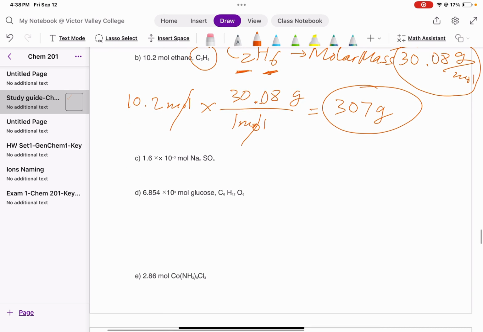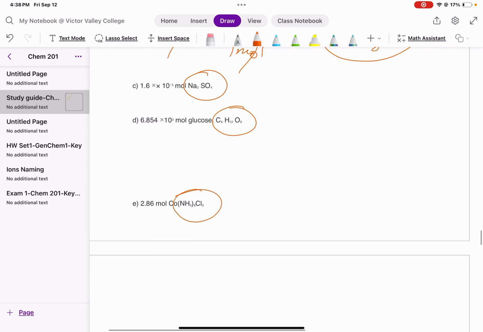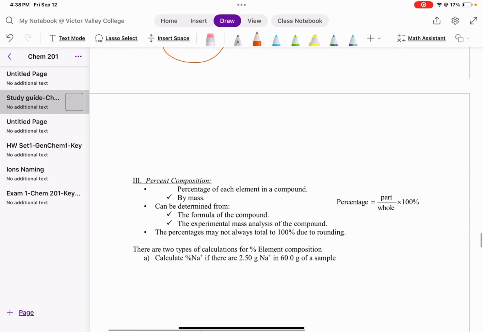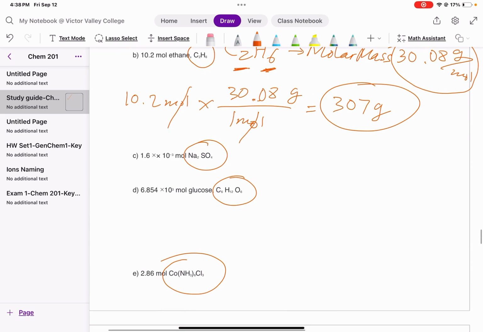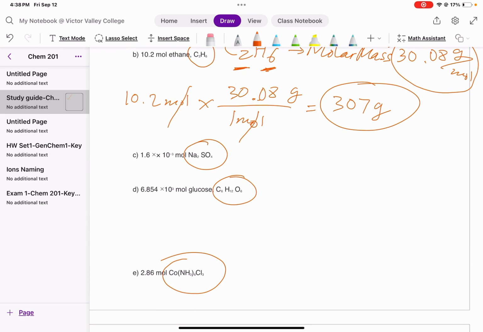All right. Again, we need molar mass, molar mass, molar mass. After you get all the molar masses, you should be able to do the calculation, setting it up exactly the same as above. I can tell you the molar mass for this one is 142.05.